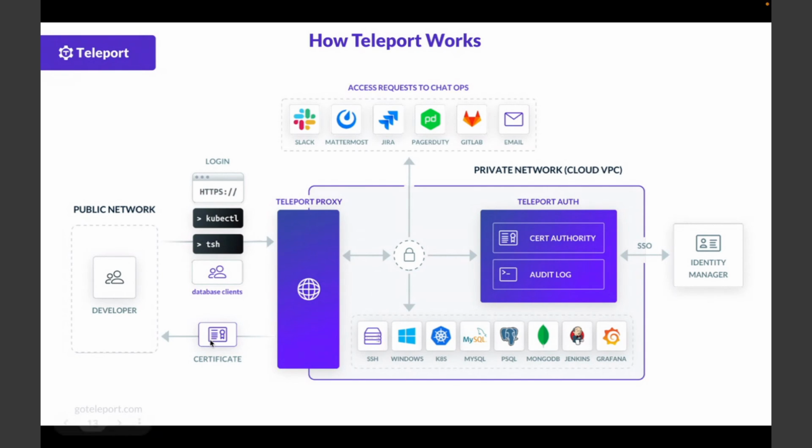Now for the case of Kubernetes, each user will actually receive a short-lived kubeconfig when they log in. So there's no more need to share long-lived kubeconfigs where everybody has system:masters admin access to every Kubernetes cluster. With Teleport, you can be very granular in terms of what clusters somebody can access, and labels is how we do that.